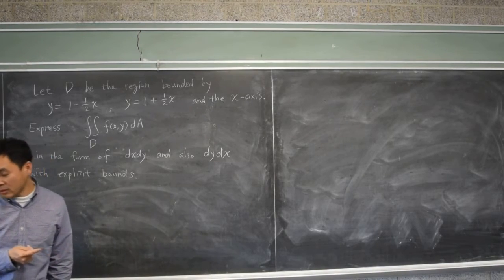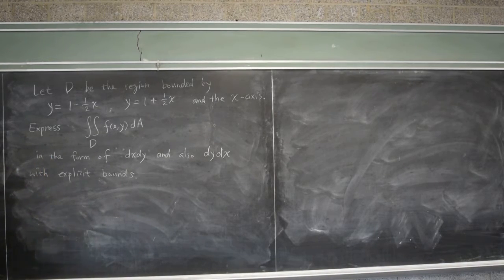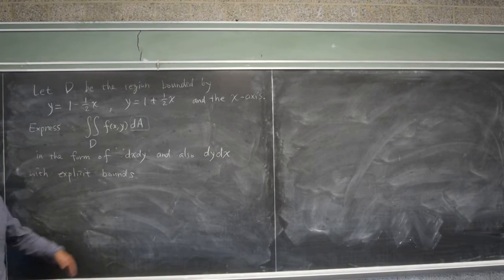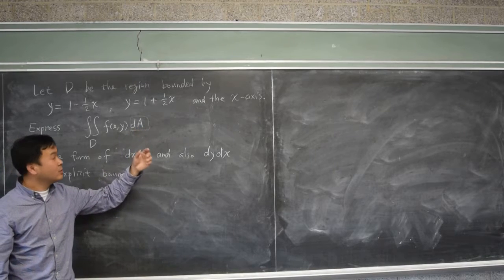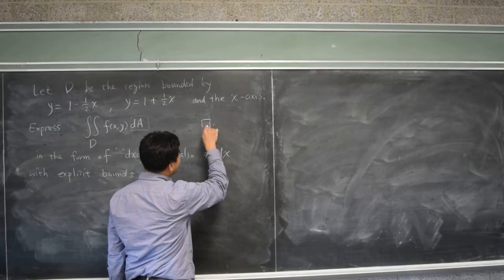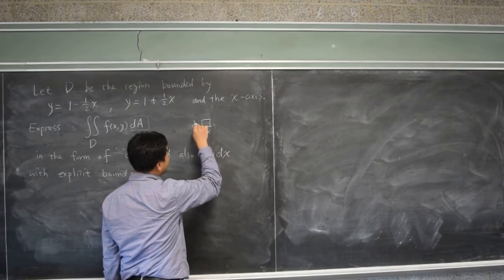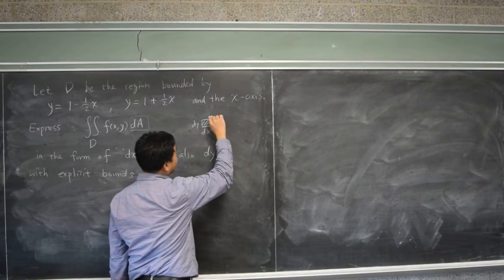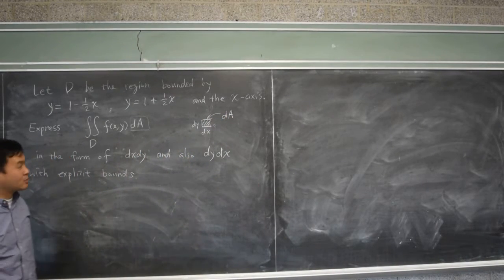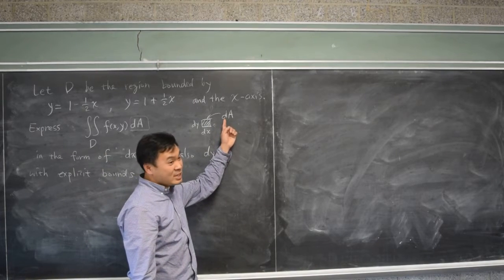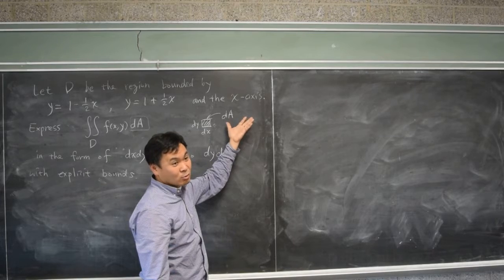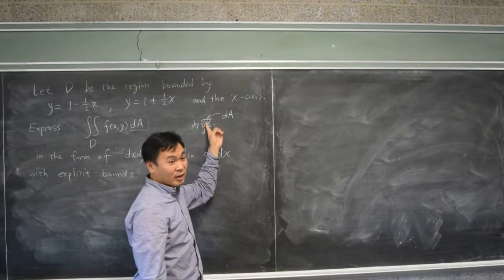Think about this question. Here, this dA just means it's a small area element, and this is just a way to talk about the dx dy that we were talking about. The d means infinitesimal, A is the quantity, so this is a very small area quantity.